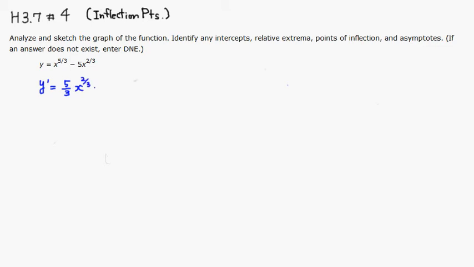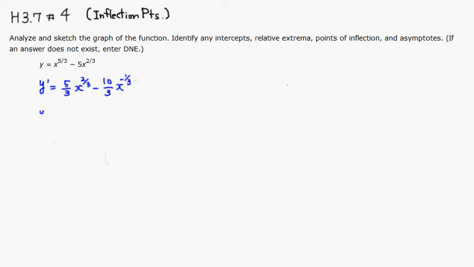Minus 2/3 and 5 times 5, so it's going to be 10/3 x to the, subtract 1 from the power, negative 1/3 power.